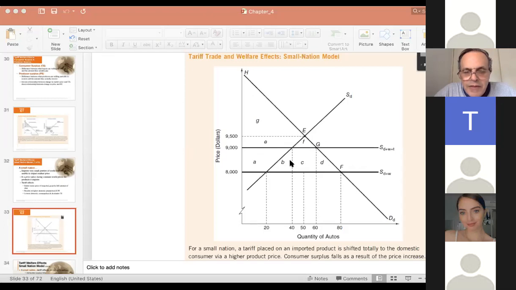I have a question. Yes. The B section that you said is a deadweight loss, wouldn't that be the cost of production, which would actually go back into the employees' pockets? Well, no, because what we're doing here is asking what the effect of the tariff would be.